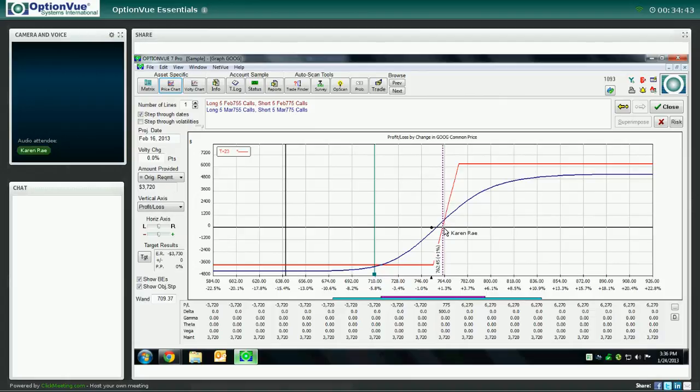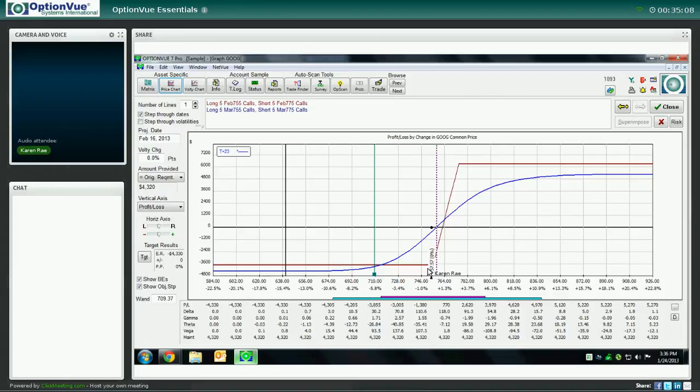So the March one makes less money overall than the February one, but the February one loses more money down here, whereas this is gradually losing money. Do you see that? Because this is the 0 line. So it's crossing the 0 line, and then it's losing gradually, whereas the February spread is losing money to a much quicker tune and much faster.